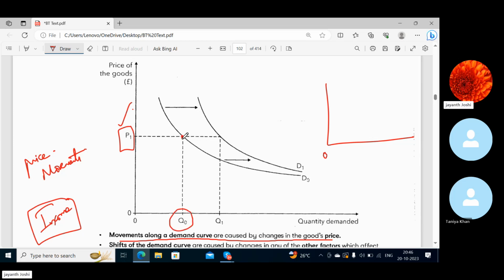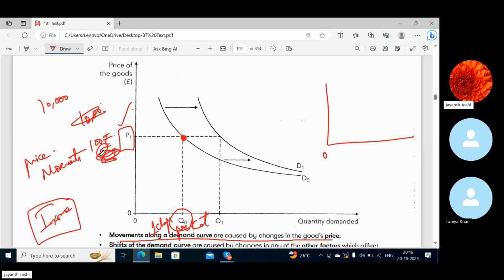Maybe let's say the income levels have increased. Previously, when the salary was 10,000 rupees, we were only buying one chips packet, and the price was, let's say, 100 rupees.